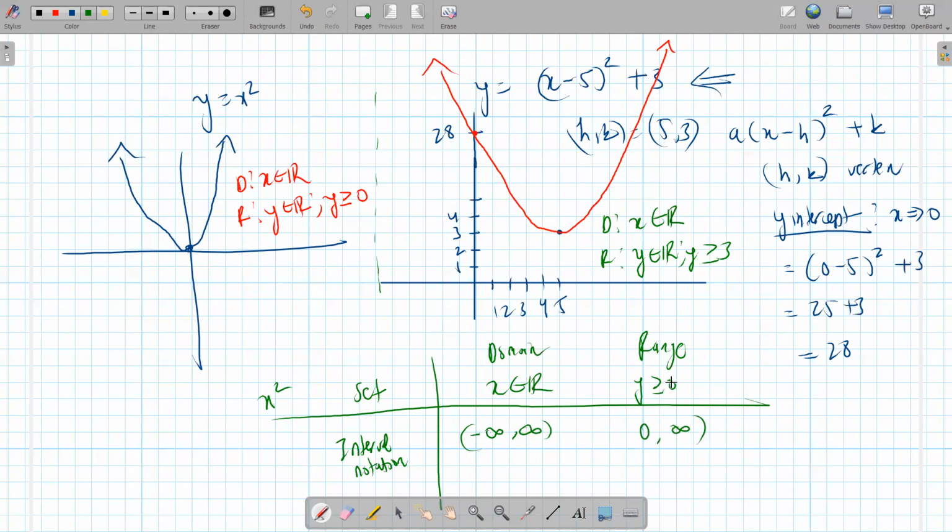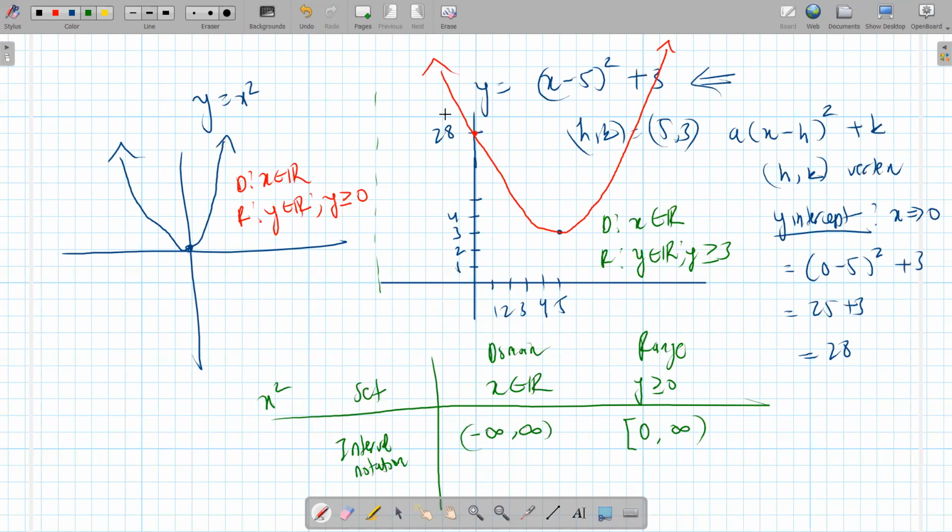But now 0 is inclusive, right? Y can be 0. That means you put a square bracket. Infinities are always exclusive, so you put a rounded bracket. Whereas for inclusive, like in this case where y can be 0, you put a square bracket. Okay, that's for the parent function in interval notation. And you'll do this in grade 12.